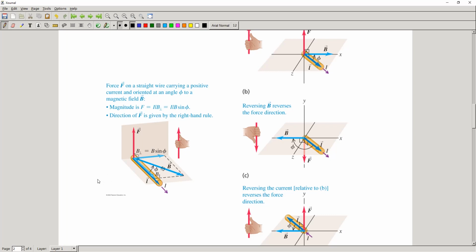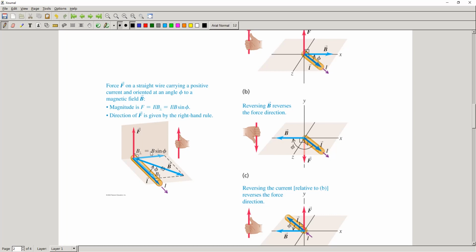If we place our hand on the wire in the direction of the current, like this, then you're going to have to twist it upward so that you can curl your fingers in the direction of our magnetic field. If you do that, then your thumb is going to be pointing upward, and that is the direction of the force on the wire.